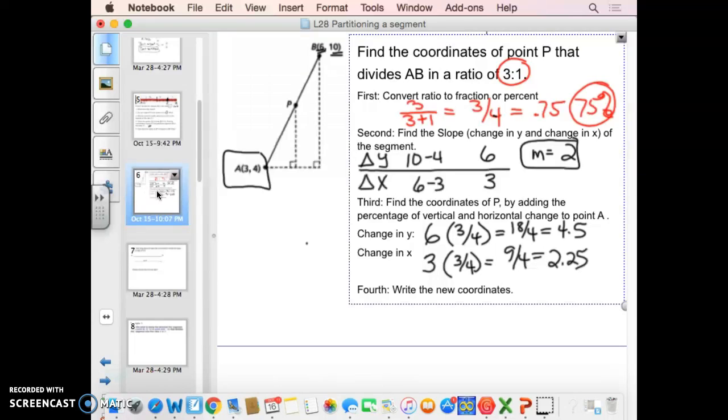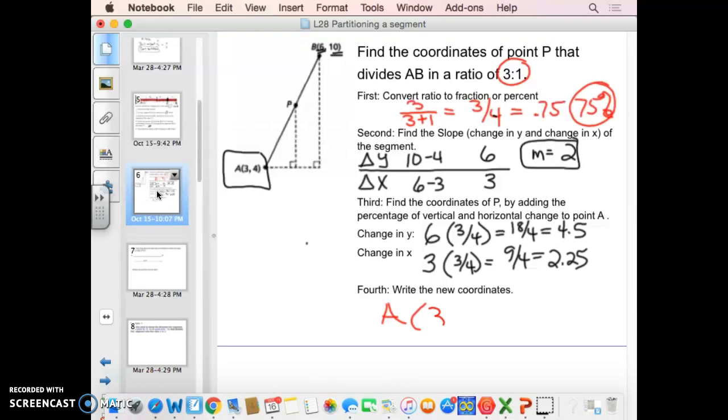Now, the next step is to write the new coordinates. You take the original coordinate, which is the one furthest to the left. So I'm going to take the coordinate A, which is at 3, 4. This is my x coordinate. This is my y coordinate. And I'm going to add 2.25 to x, and I'm going to add 4.5 to y.